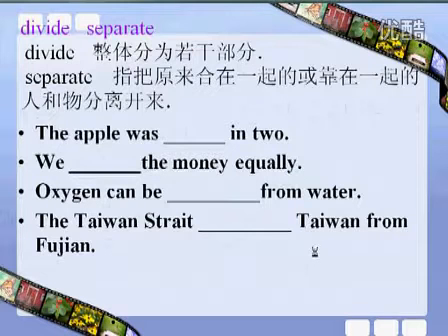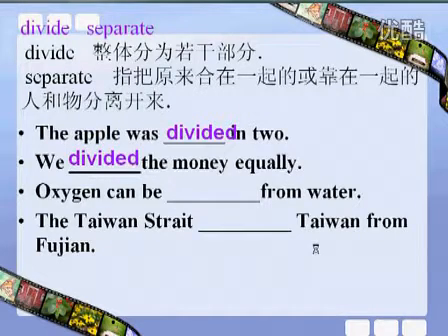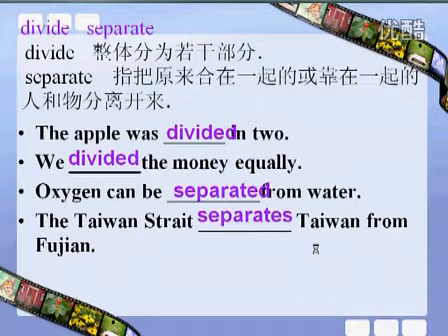The apple was divided in 2. 苹果被分成2半。Now we divided the money equally. 我们要平分这笔钱。Oxygen can be separated from water. 氧可以从水中分离出去。Now, 台湾海峡 separates Taiwan from Fujian.